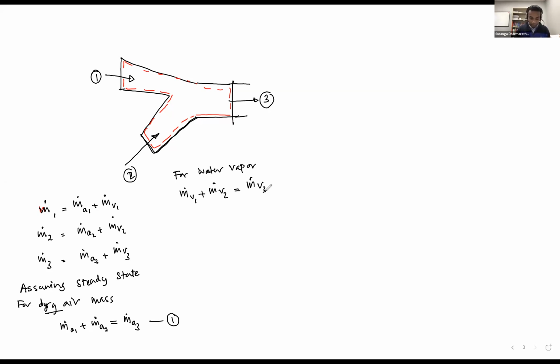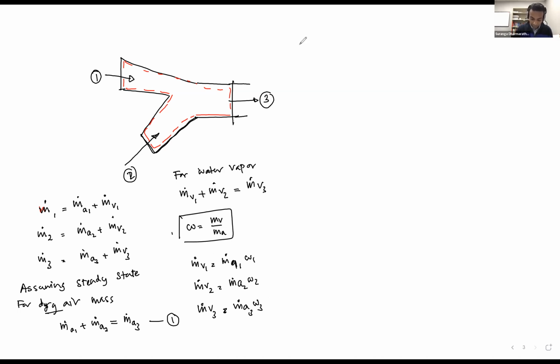Now, the equation for omega, the specific humidity, is m dot V divided by m dot A. For any of these conditions, instead of m dot V1, I can write m dot V1 is equal to m dot A1 omega 1, m dot V2 is equal to m dot A2 omega 2, m dot V3 is equal to m dot A3 omega 3.